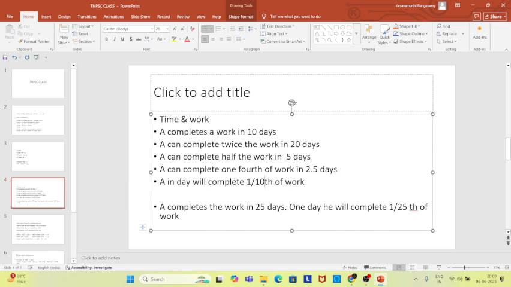If A completes the work in 25 days, in one day he will complete 1 by 25th of the work. This is where 99.9% of the students make mistakes because they don't understand this.